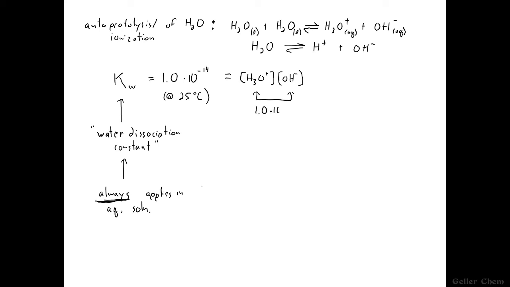We know it's got to be units of molarity because they're aqueous species. And we'll add the word each, just to make it clear that each of those concentrations is that number. And we'll also add the note that this is only true for pure water, in which case we have what we call a neutral solution.